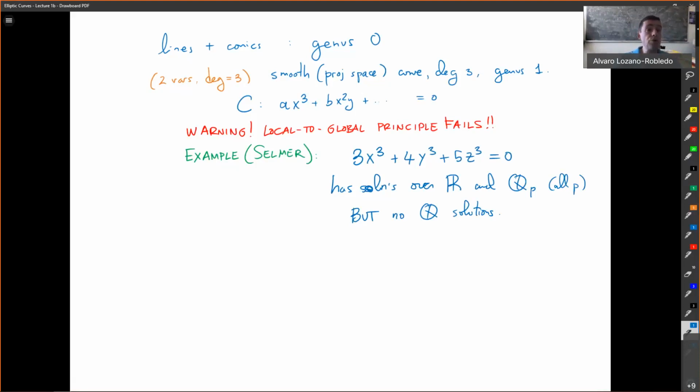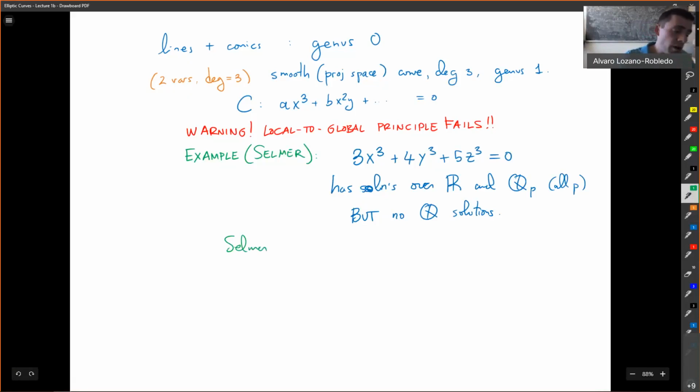And then what we're going to do at the very end of the class is build up some theory, such as the Tate-Shafarevich groups, that will measure the failure of the local to global principle. By the way, let me just add a reference here, the paper of Selmer where this appears.